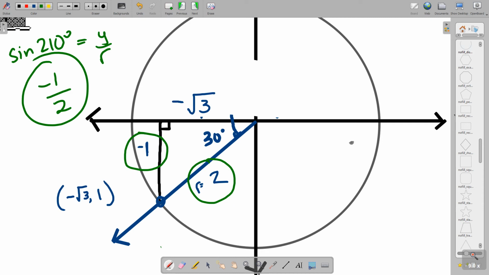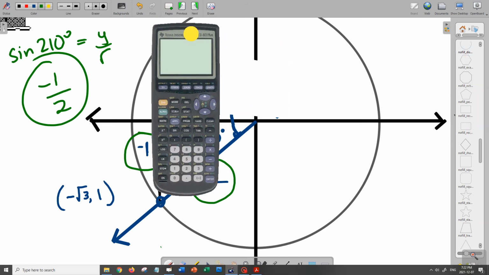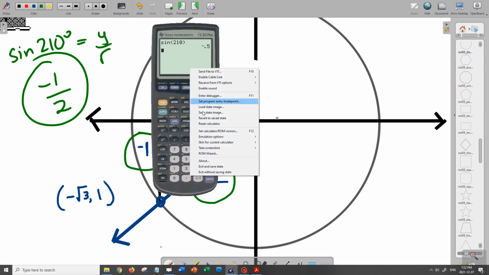Should you be in utter shock and disbelief, you can always check if you did it right. Sine 210. Lo and behold, see with your own eyes. The sine of 210 is negative 0.5.